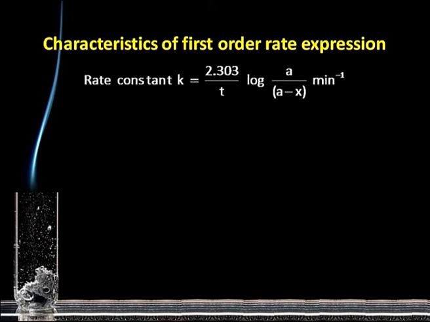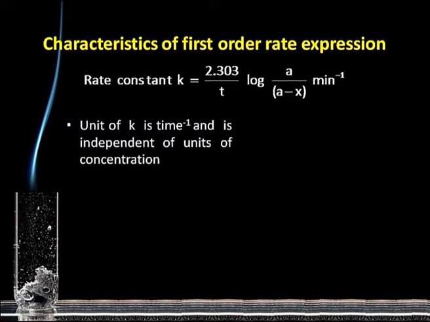Let us look at the characteristics of the first order rate expression. The expression is k is equal to 2.303 by t into log A upon A minus x. The unit of k is time inverse, and k is found to be independent of units used for concentration.